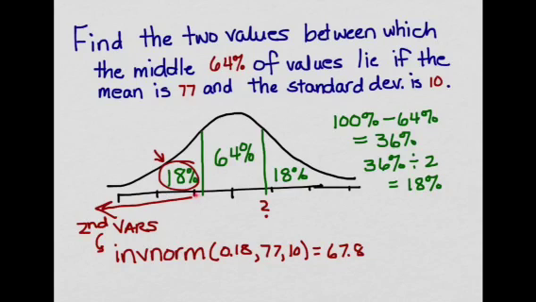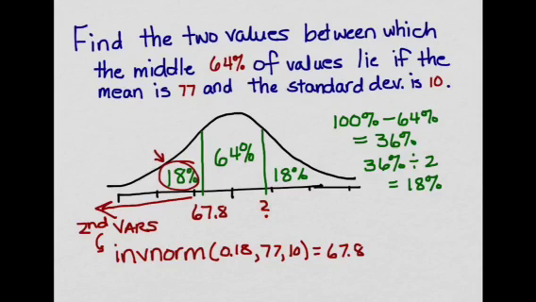I think I said that this was 67, right? This is 77 in the center. This would be 67, and this is just a scooch up from there. Okay, so that's 67.8. Now I want to find the second boundary value.